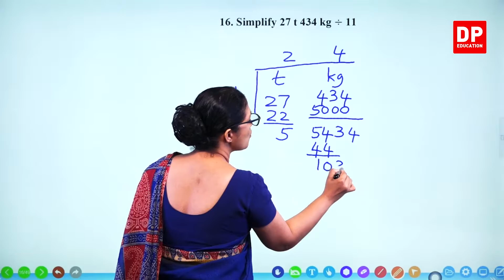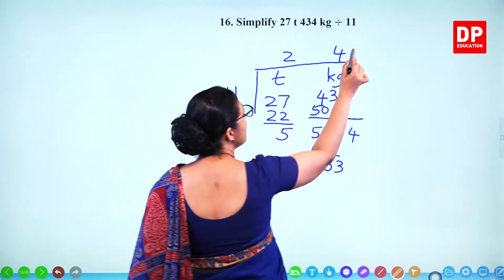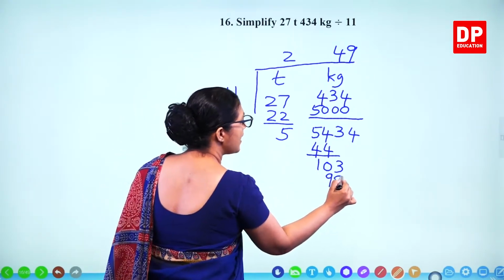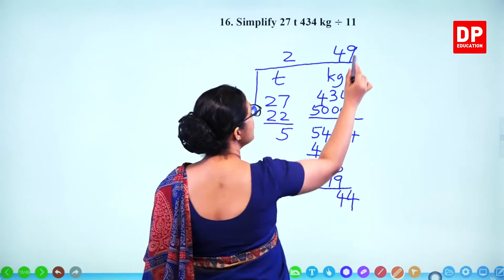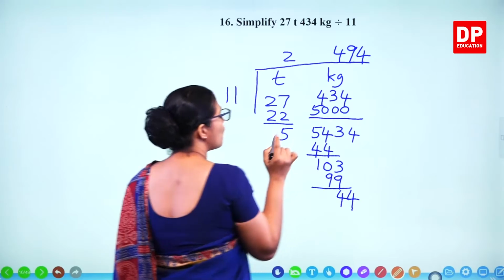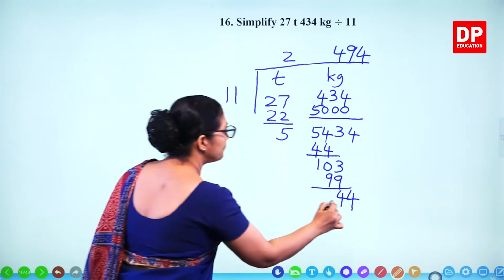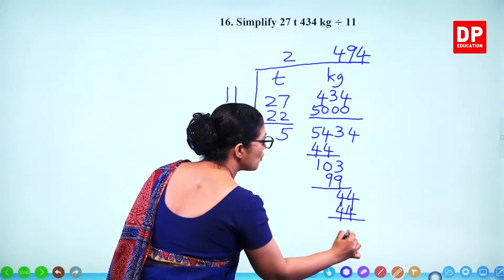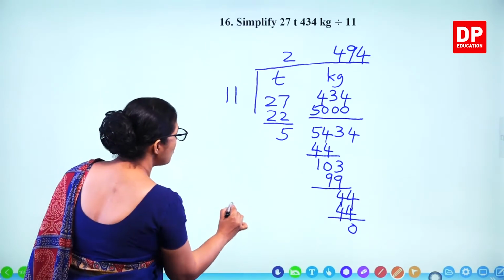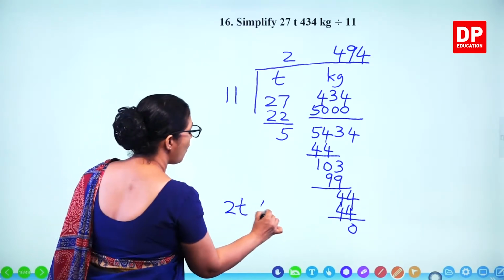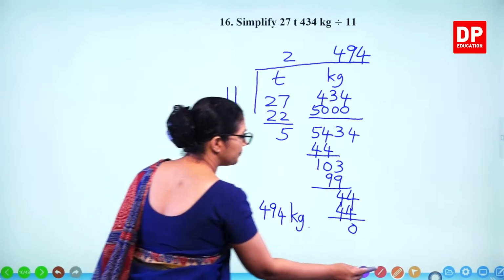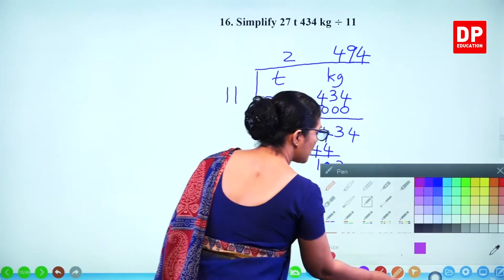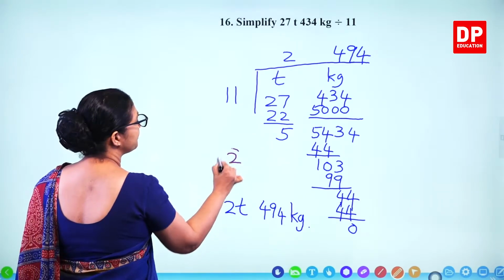Then 10 remaining. So 103. 11 times 9, that's 99. So 4 remaining. 44 means 4. 11 times 4, 44. So 0 remaining. So what's the answer? 2 tons and 494 kilograms. You get 2 marks for that.